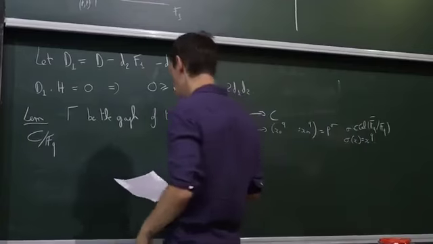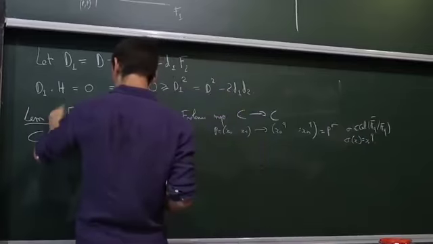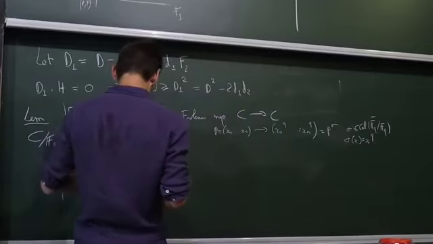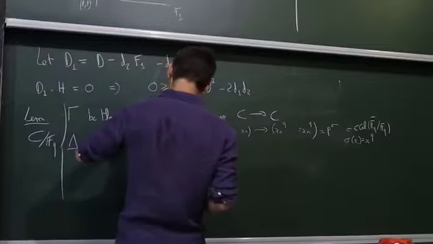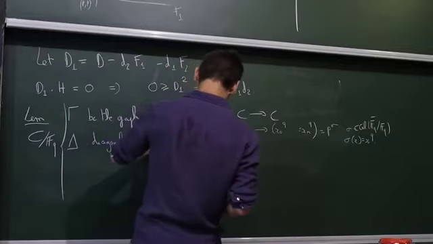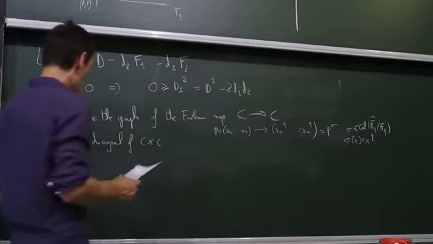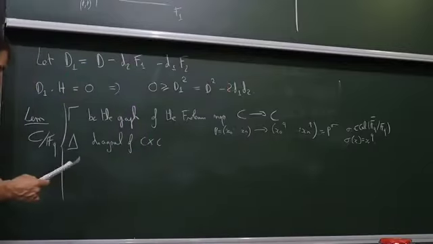Okay, so I have this. Delta is going to be the diagonal. And then I want to compute a bunch of things.